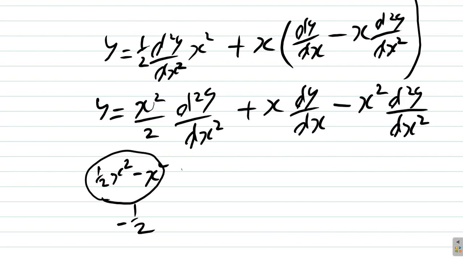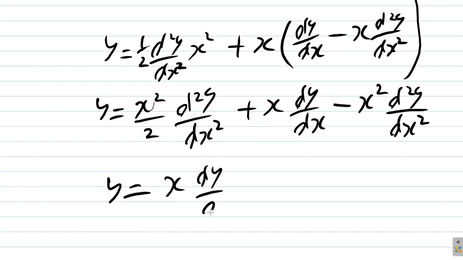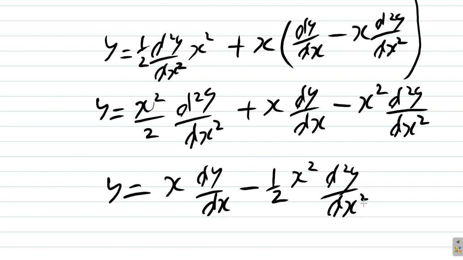You see that? So what we have is y equals, let's put this down first, x dy by dx minus half x squared d squared y by dx squared. Right? Same as x squared over 2. Let's write it that way.